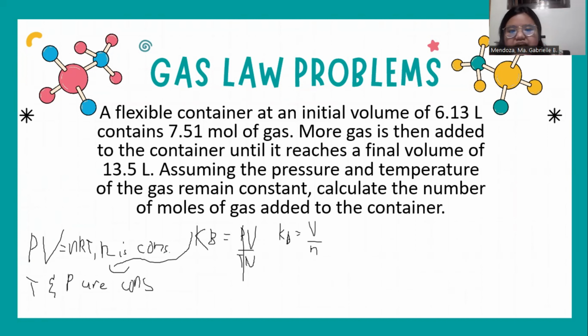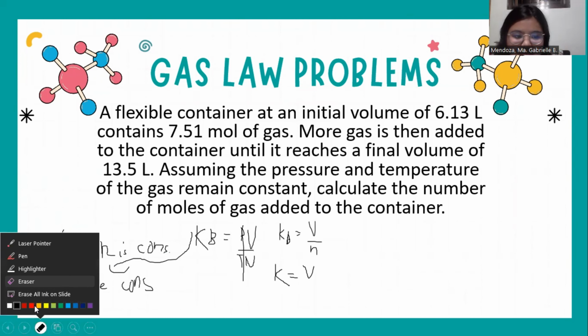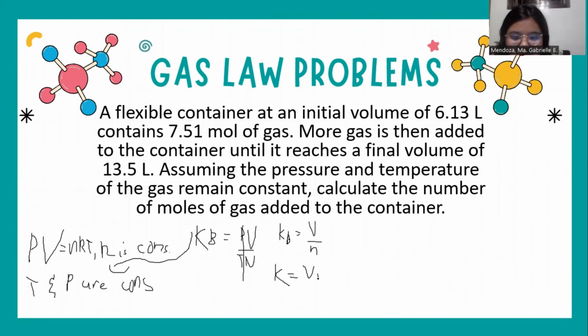So, ayan, since meron na tayong formula for volume and number of moles, ngayon, may iba pang formula. So, di pa tapos ang pagde-derive. So, K is equivalent to V1 over N1. Ayusin ko lang. So, V1 over N1. K can also be V2 over N2.